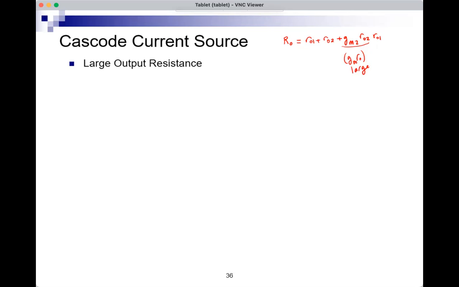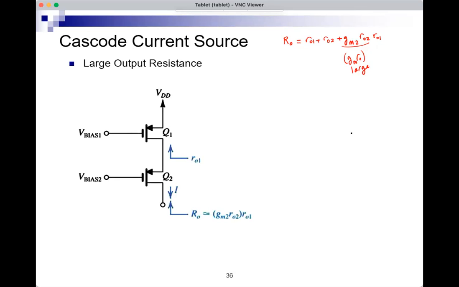If I have two MOSFETs, what do I get? I get 40 times rO. So that's a much larger output resistance. So this is the result. This is the effect of cascoding. And maybe we can benefit from this somewhere.